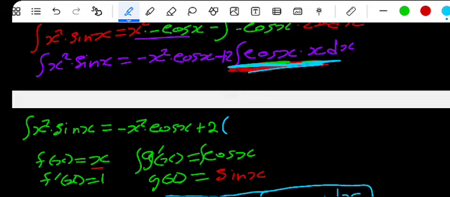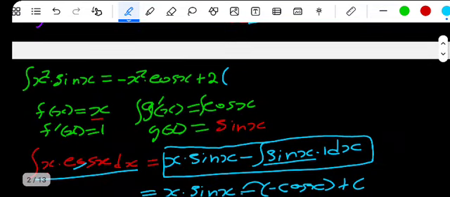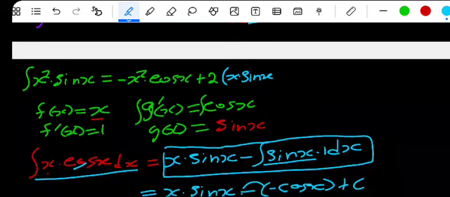We had that to be what? Then the bottom, it's x. We have this to be x multiplied by sine x, plus cos x, isn't it?